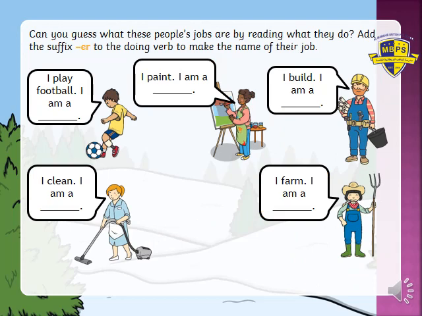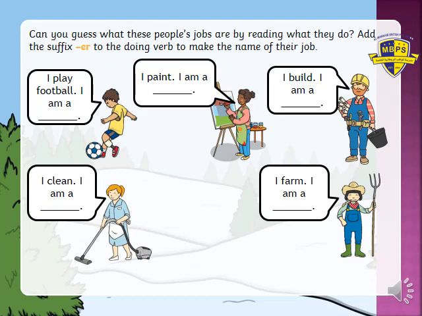Next we have, can you guess what these people's jobs are by reading what they do? Add the suffix er to the doing verb to make the name of their job. I play football. Football is a root word. When we add the er to the root word, it will change into I am a footballer. I paint. When we add er, the suffix, to the word paint, it will change into painter.